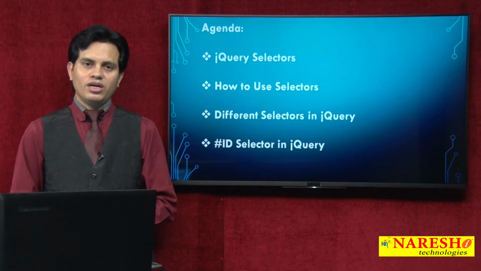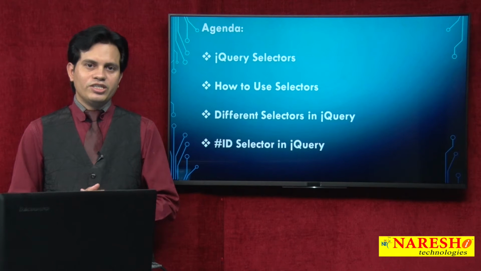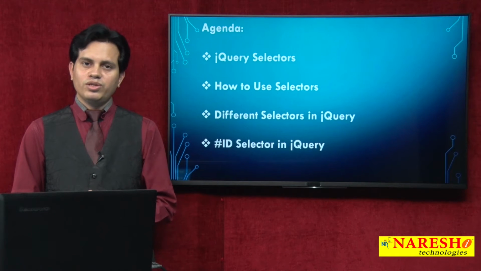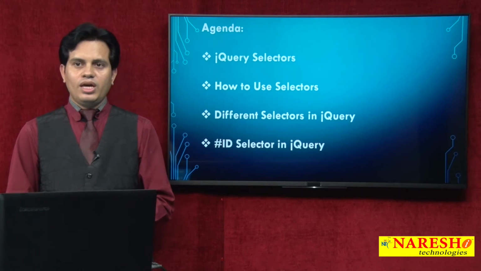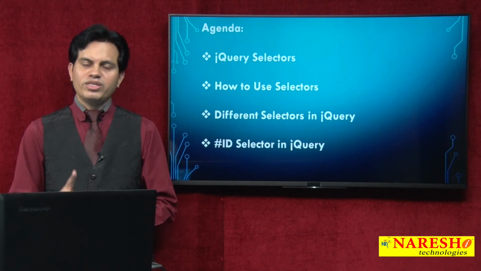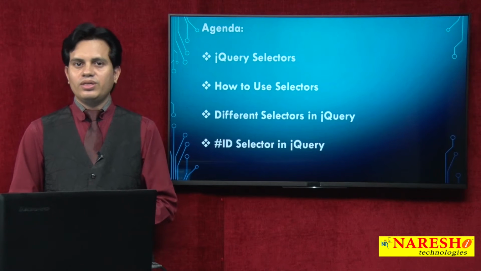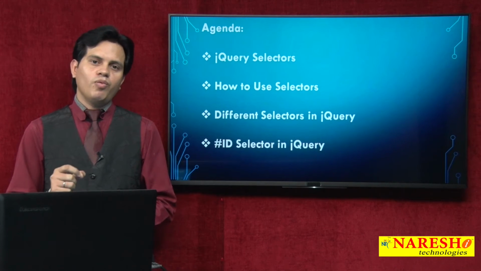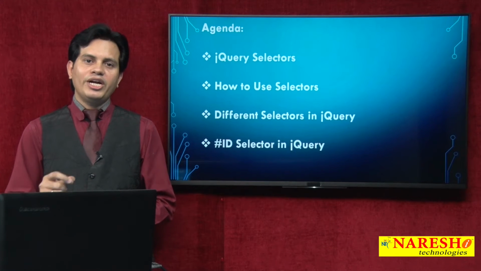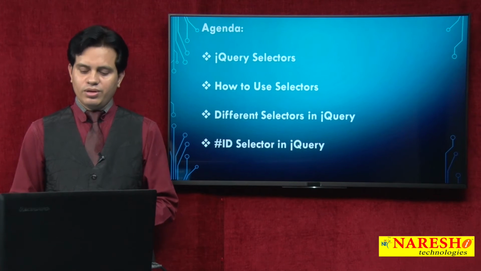Many types of selectors are available in jQuery, but among them, which are the major selectors most commonly used in our development. And in today's video session, we will cover only one selector, that is the hash ID selector in jQuery, which selects one element with its ID attribute value, and we will elaborate in more detail on ID selectors in jQuery.